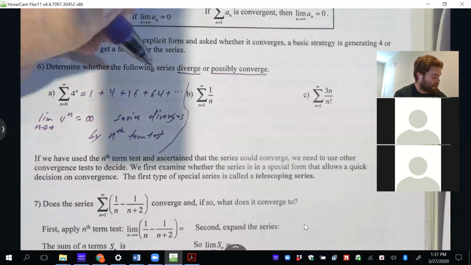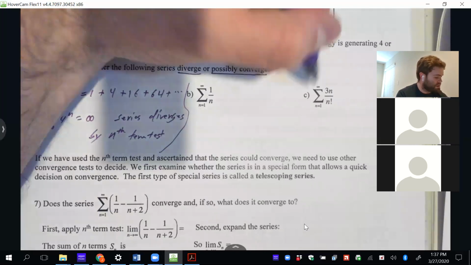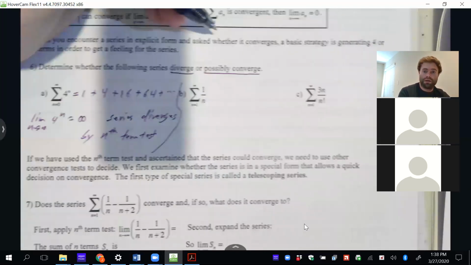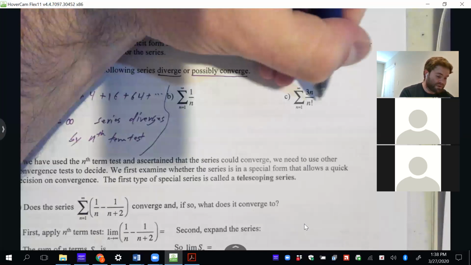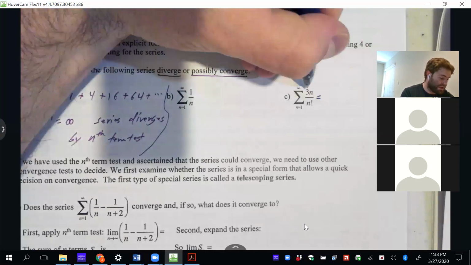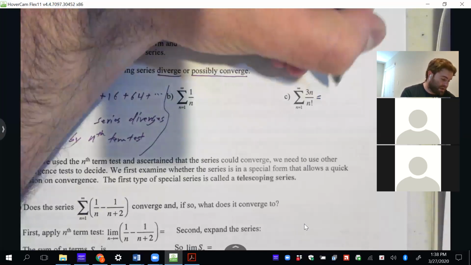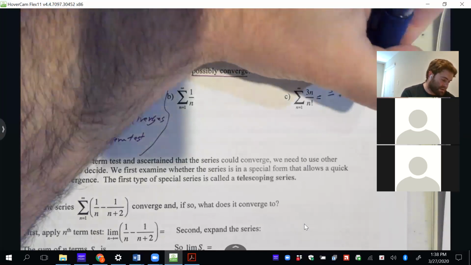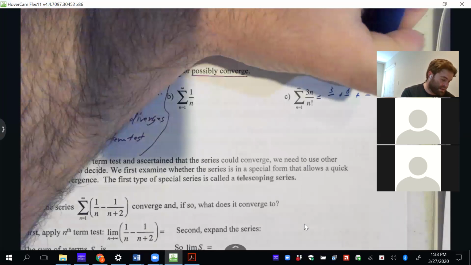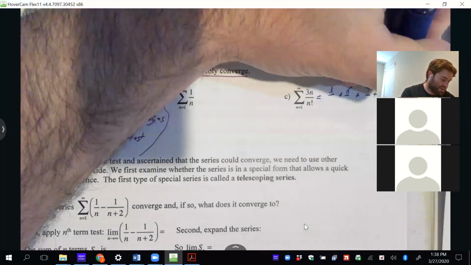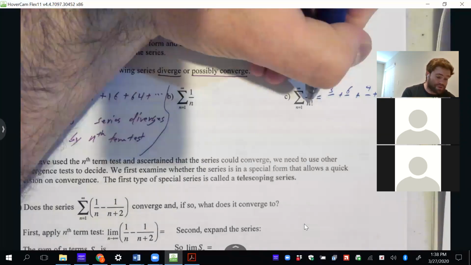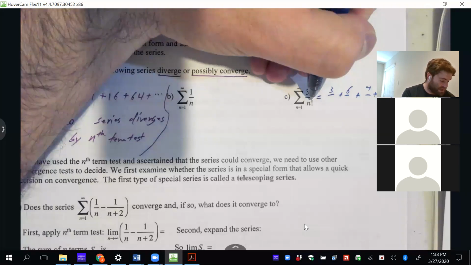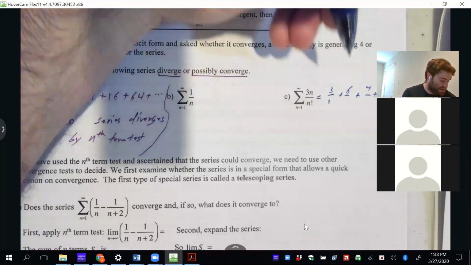I'm going to skip number C now. So on C, here's some of the first terms. Well, the top's just 3n, so we'd have 3, 6, 9, 12, and so on. The denominator is n factorial. So 1 factorial is just 1, 2 factorial is 2.